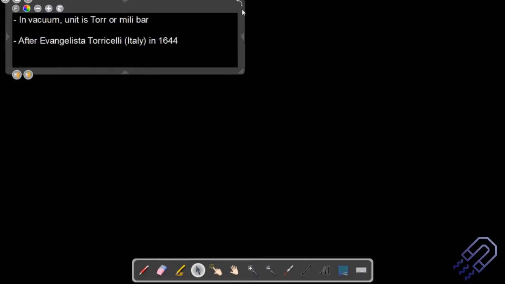So this concept of vacuum pressure is quite old. 1 torr is equal to 1 millimeter of mercury at standard sea level; this is how it is graduated.